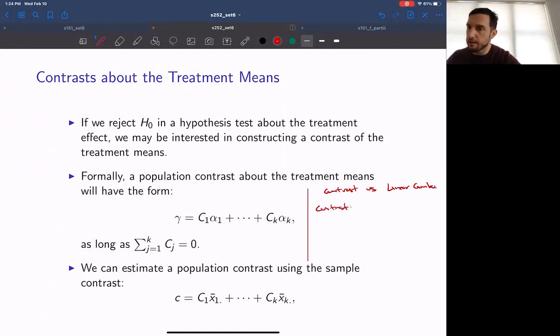okay, so this would be an example of a valid contrast.